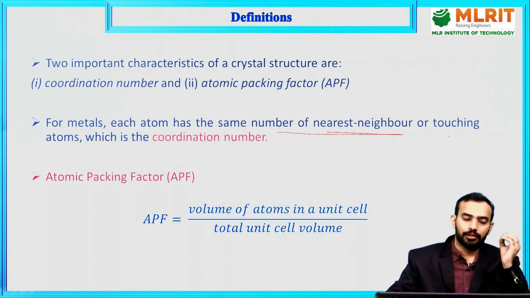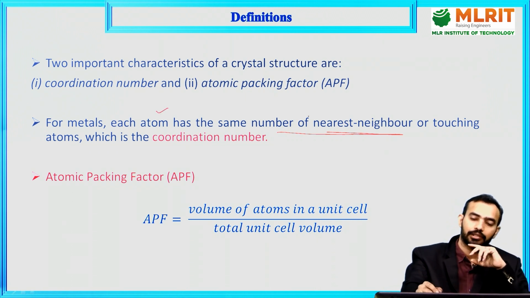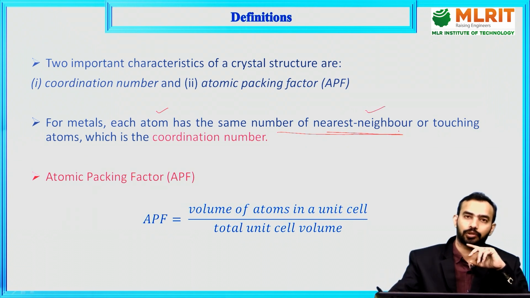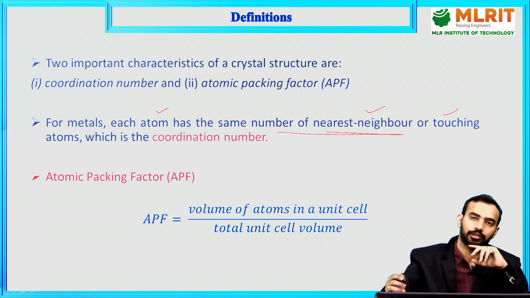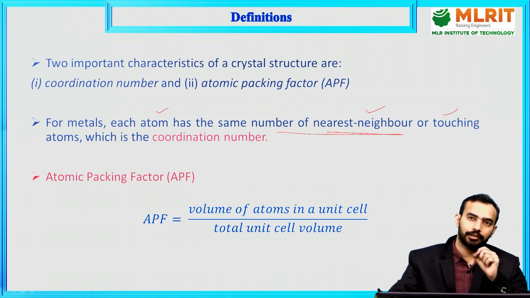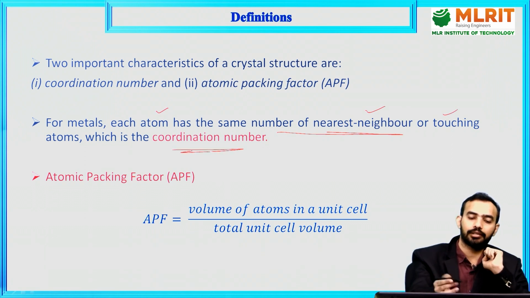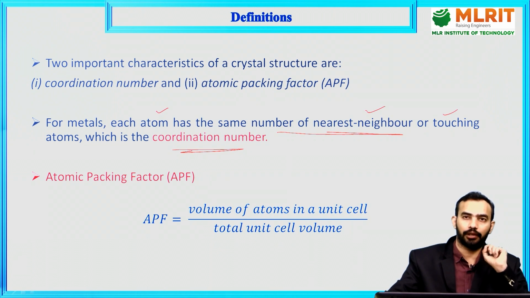So each atom will have the same number of adjacent atoms, or the atoms that are in touch. That number is called the coordination number, for every metal having a crystal structure.